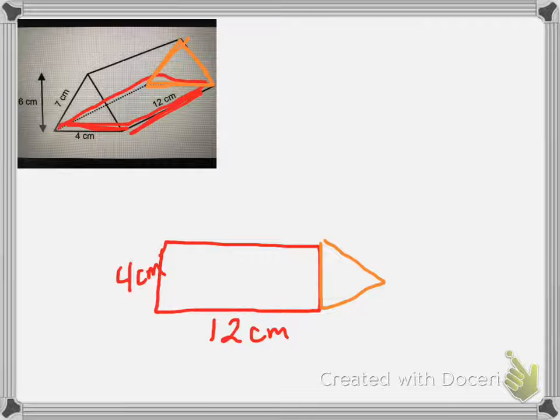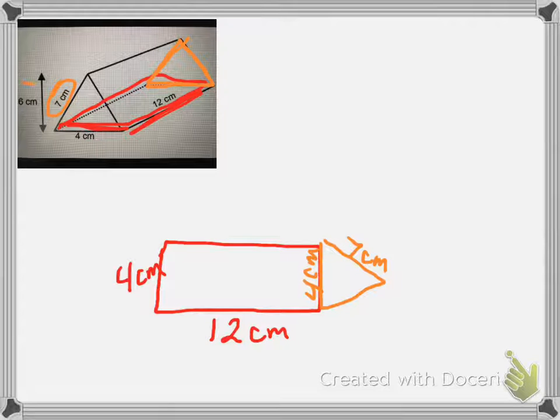So we know that opposite sides of rectangles have the same equivalent length, so this is going to be 4 centimeters. And the front side of this tells us that this length of this triangle is 7. So I'm going to label this.